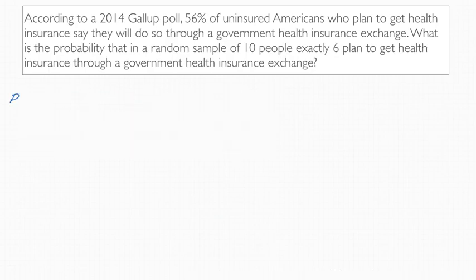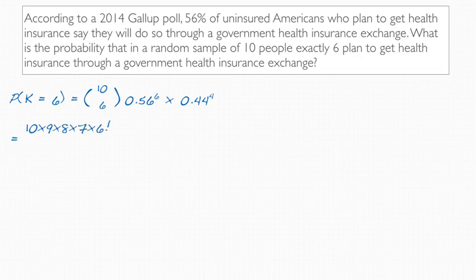We also know how to calculate this by hand. We're looking for the probability of exactly 6 successes in 10 trials, so we can write this out as 10 choose 6, 0.56 to the 6th power times 0.44, the probability of failure, to the 4th power, n minus k. We can expand the choose function to 10 times 9 times 8 times 7 times 6 factorial, and similarly expand out the denominator a little bit as well, but we don't have to do a whole lot since the 6 factorials are going to cancel.